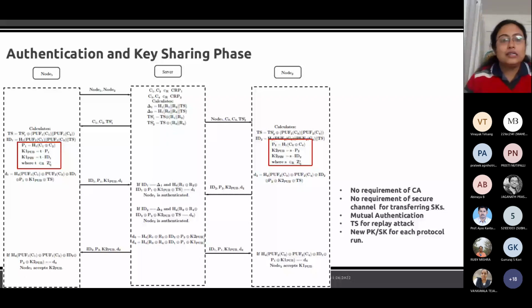Now the next hurdle is that the node has to send this public key to the server so that the server can verify the public key on the spot. That is how we are getting rid of the certificate authority for validating the public key.